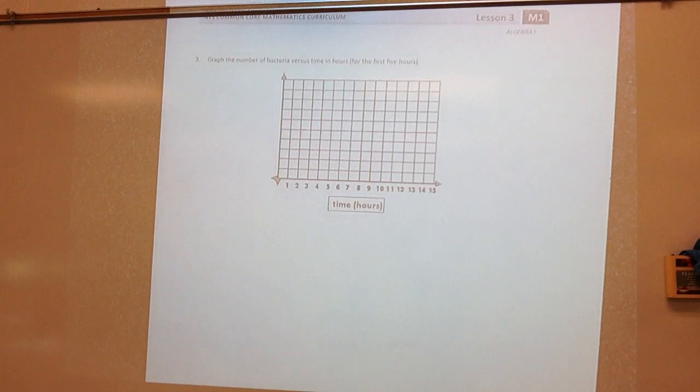Well, I don't get to my first full hour until the 4th set of data, division 3. My 3rd division is 60 minutes, which is my first full hour. So I need to somehow plot my 0, my 1st, my 2nd, before I can plot my full hour. Then I've got my 4th, which is 80 minutes, my 5th, which is 100 minutes. So I have these divisions in between here.